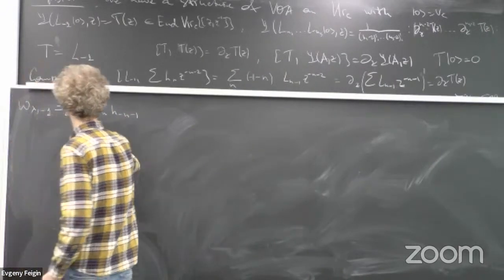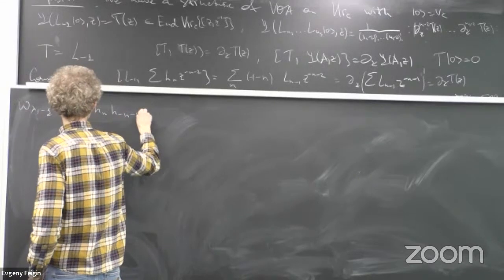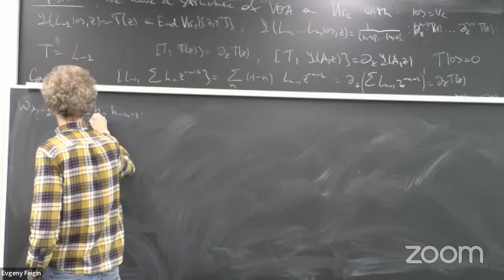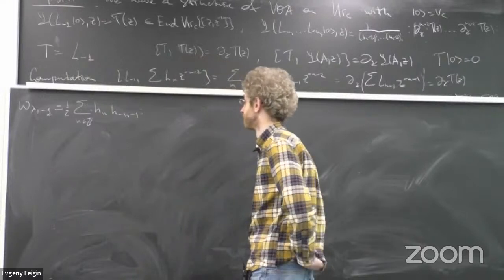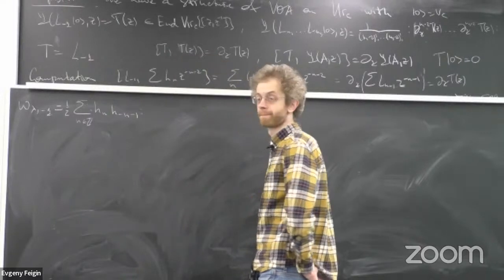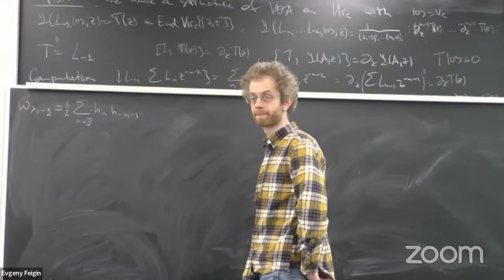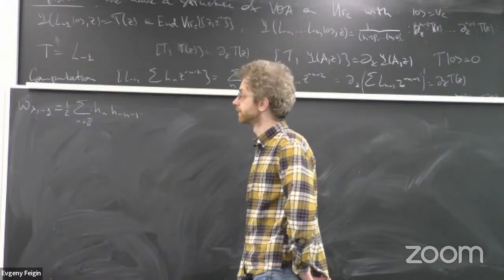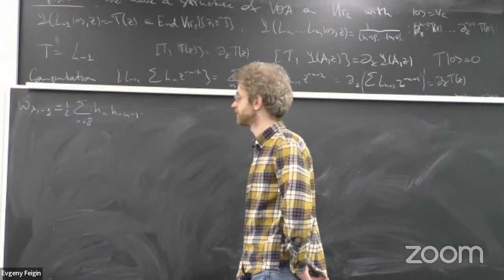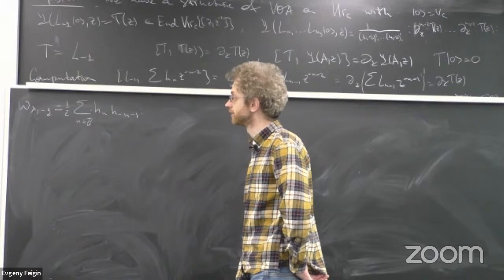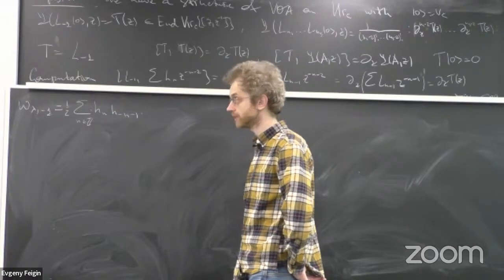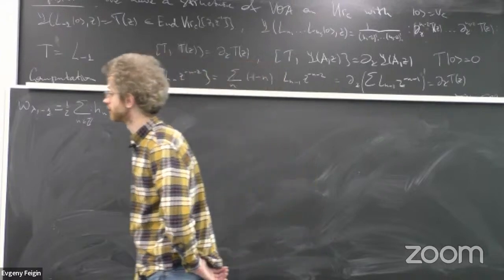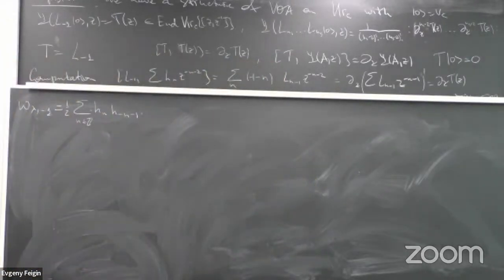Like this? I think we don't have anything from lambda because if n is minus 1, then this z is z inverse.